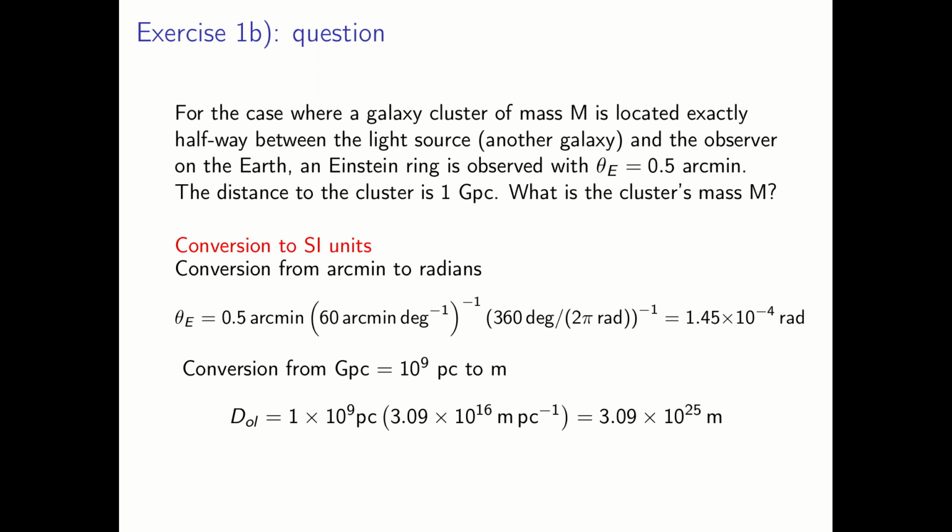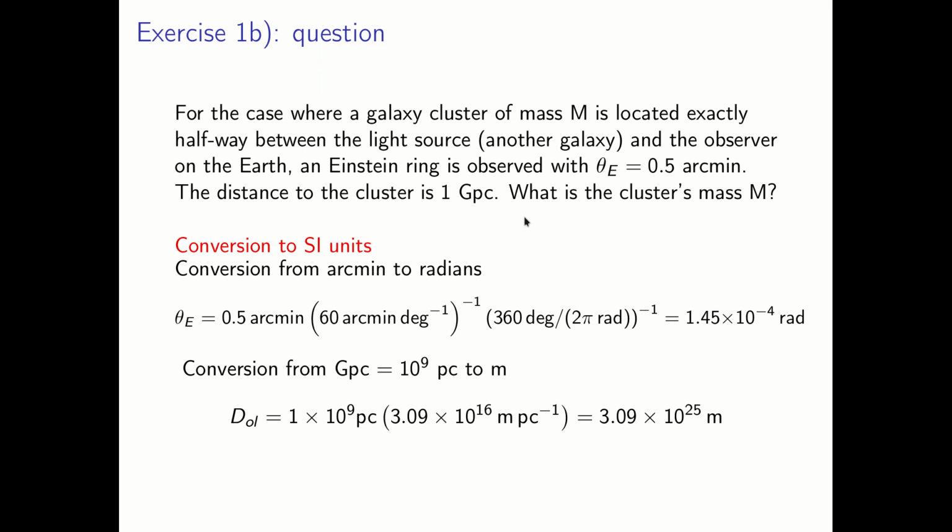So, before going to the solution, let me say that the Einstein ring is basically a ring in angular coordinates. So, this theta E is basically the radius of this Einstein ring. Moreover, the first thing we have to do is to convert the data that we are given here to SI units.